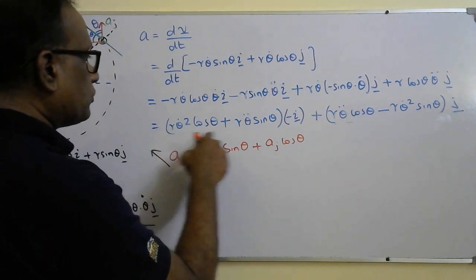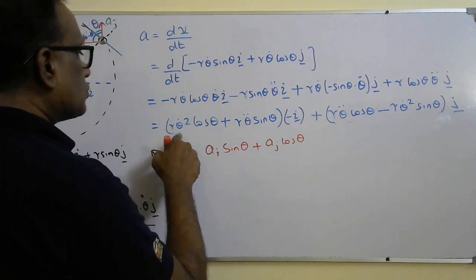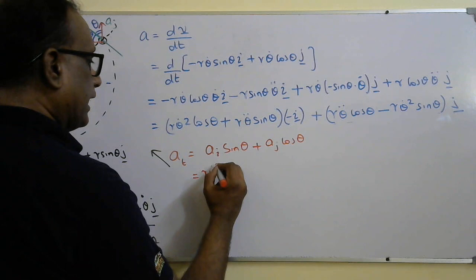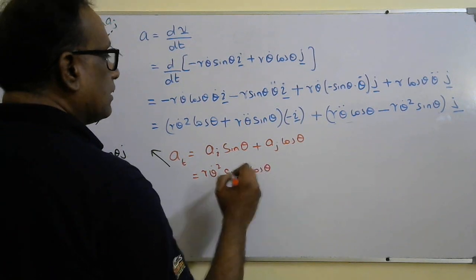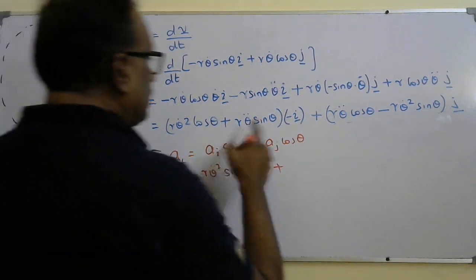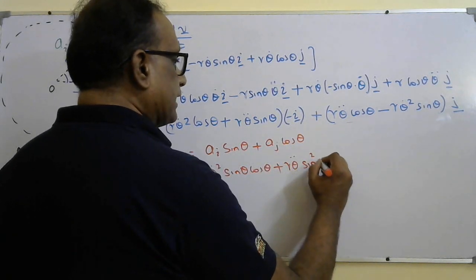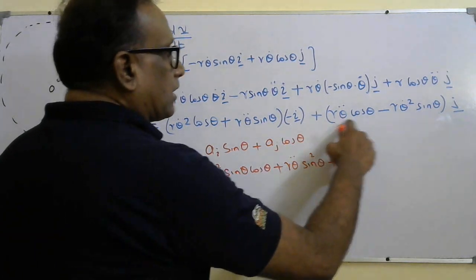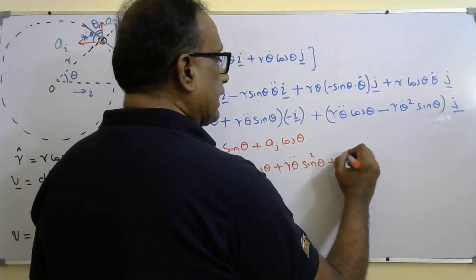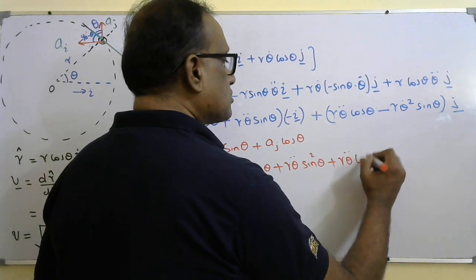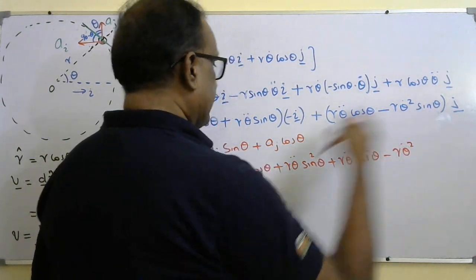The a_i I denoted earlier is r theta dot squared cos theta, so multiplied by sin theta that is r theta dot squared sin theta cos theta, plus r theta double dot sin theta into sin theta, sin squared theta, plus a_j into cos theta, r theta double dot cos squared theta, minus r theta dot squared sin theta cos theta.